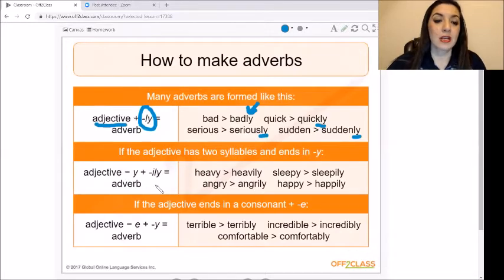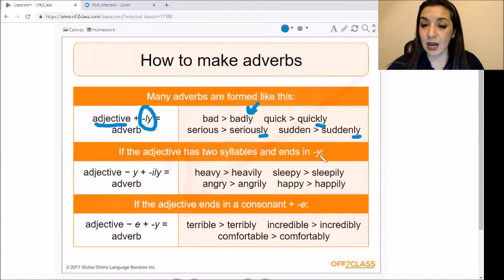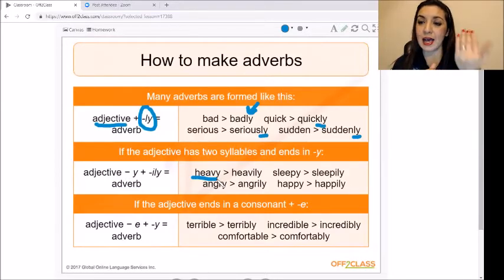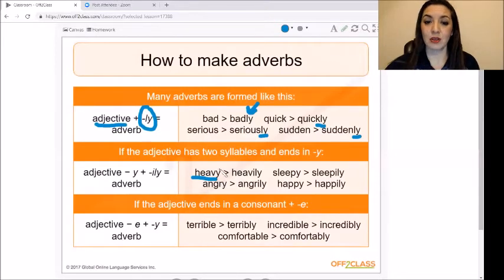Now, if the adjective has 2 syllables and ends in Y, such as heavy, 2 syllables, 1, 2, heavy, and then it ends in Y, you will add ILY. So you will take off the Y and add ILY.